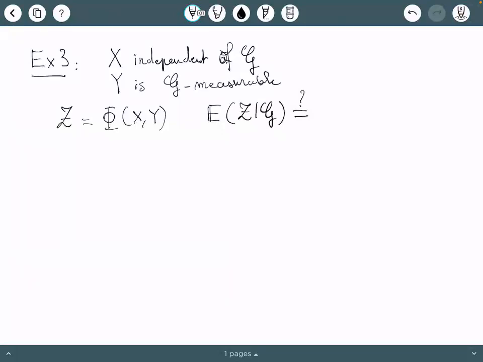So we have to come back to the definition of what a conditional expectation is. What is this guy here?